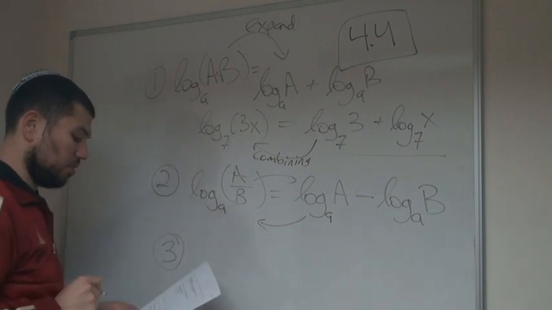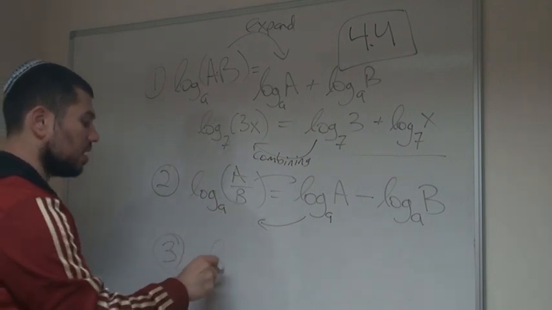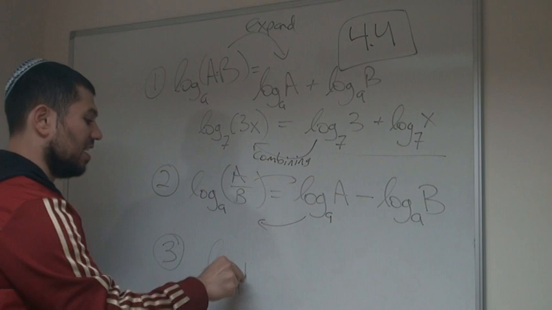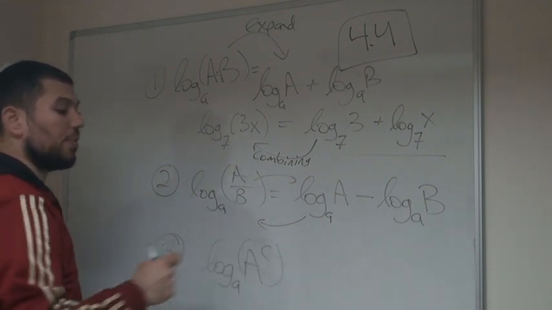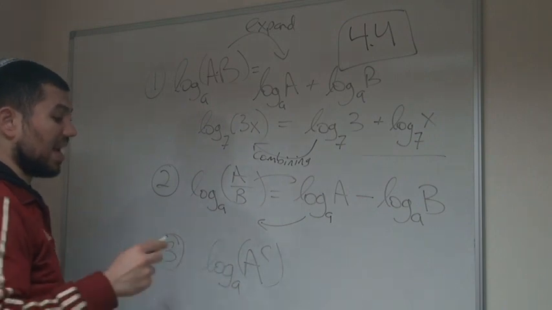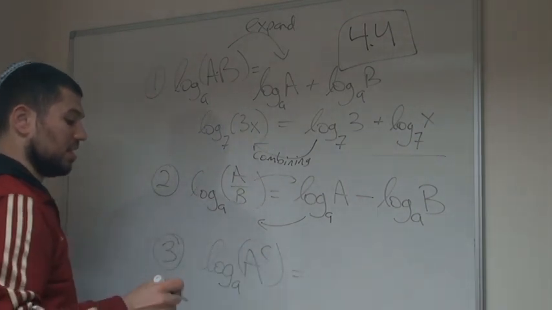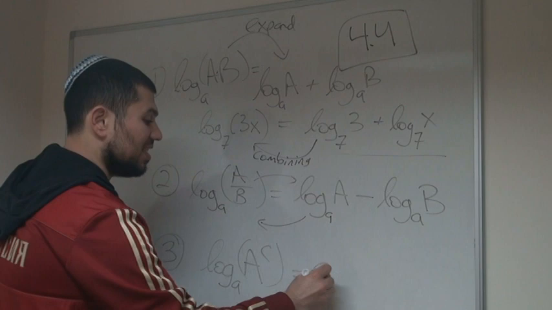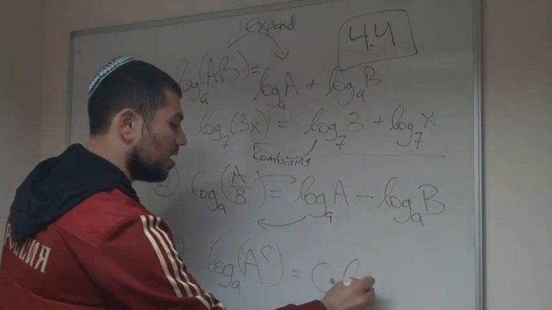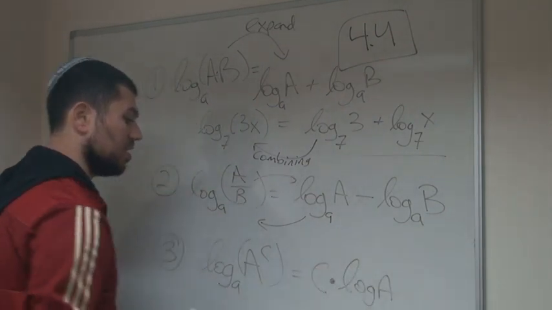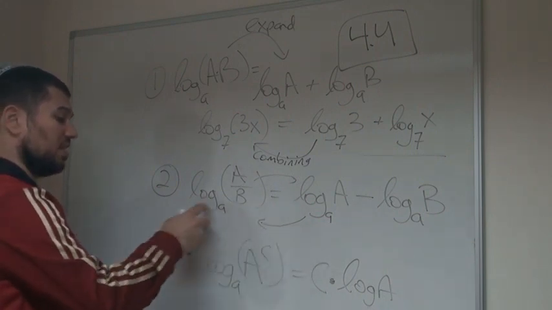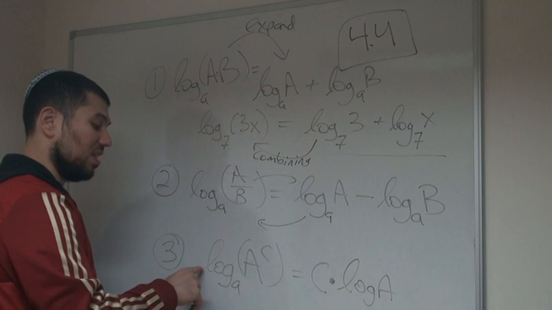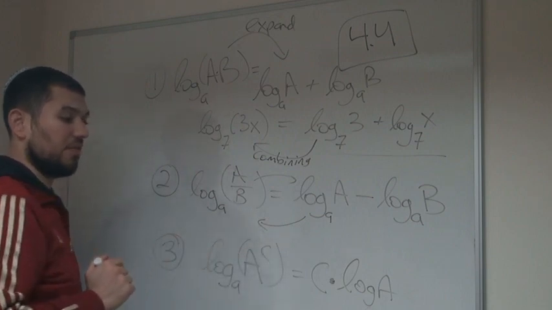The third rule, log to the base a of a to the c power. So if I have any value to a power, what I can do is represent it as c times the log of a. Essentially take the power out of the parentheses and multiply the log of a times the value of that power.